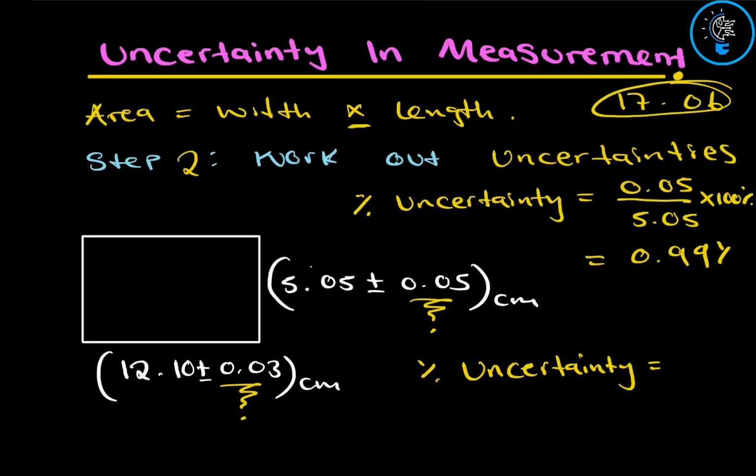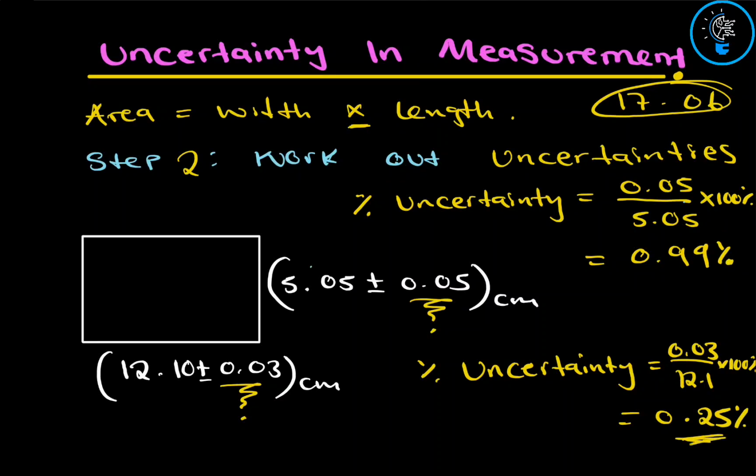So percentage uncertainty this other side will be 0.03 divided by 12.1 times 100%. Okay, so when you punch that into your calculator, you are going to get 0.25%.